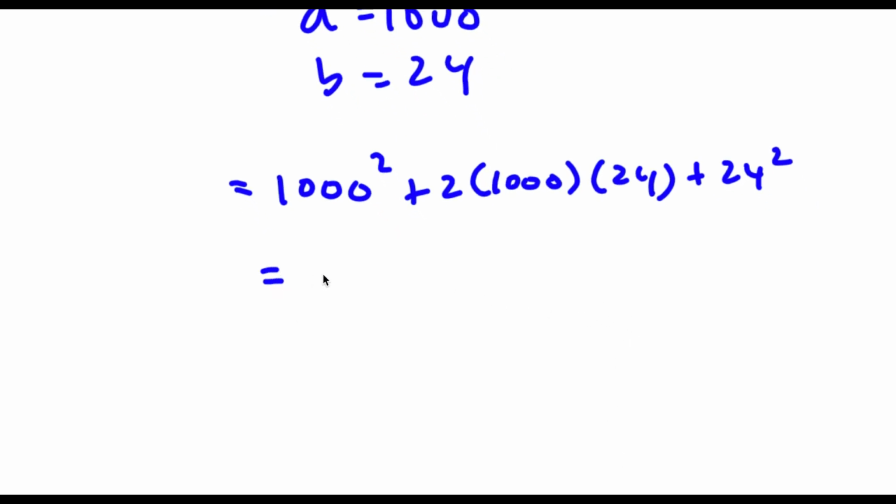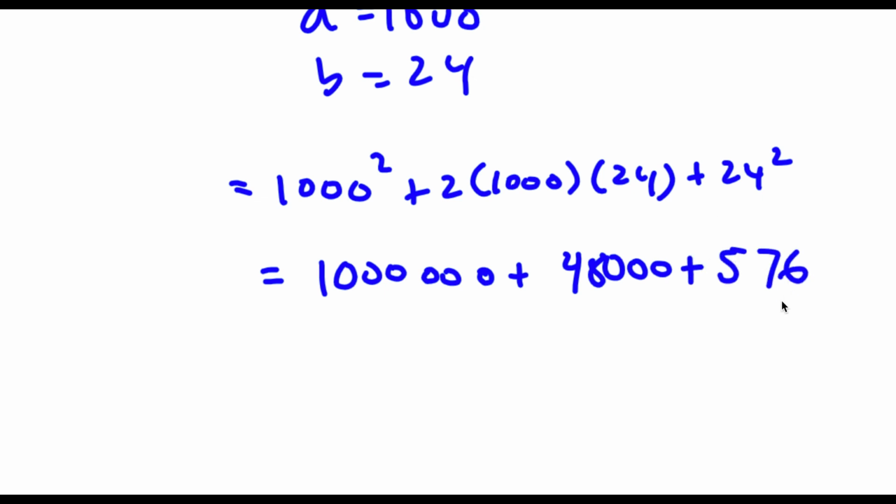Now 1000 squared is simply equal to 1 million, plus 2 times 1000, which is 2000, and 24 times 2000, which is 48,000. So I have plus 48,000, plus 24 times 24, which is equal to 576.